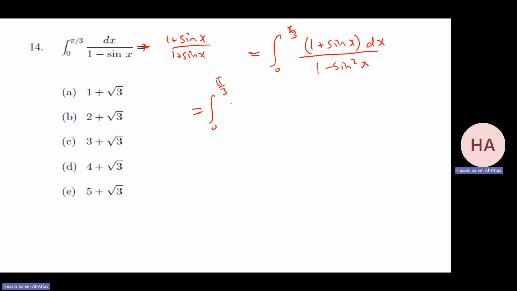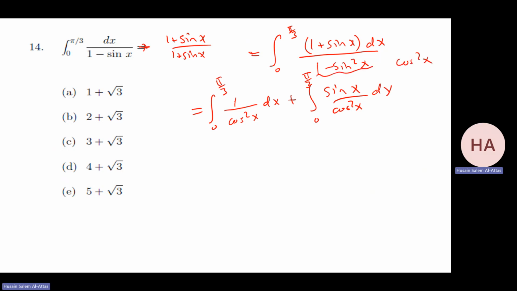I have 1 over cosine square dx plus sine x over cosine square dx from 0 to pi over 3.